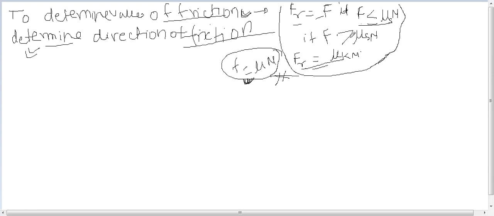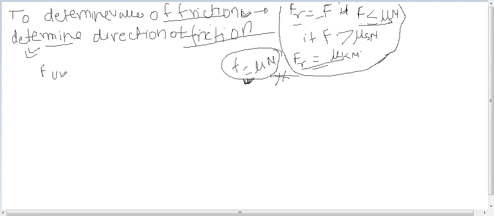Now, another important thing is to determine the direction of friction. This is a very important thing. So what is the function of friction?